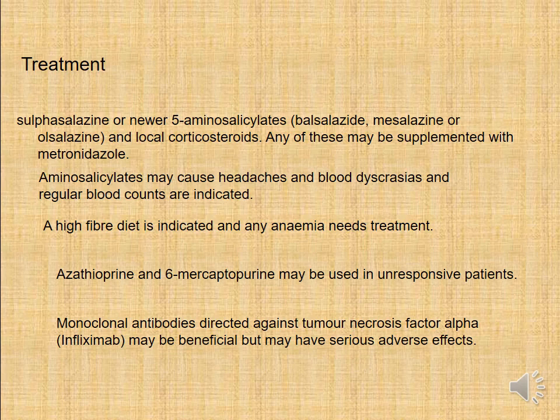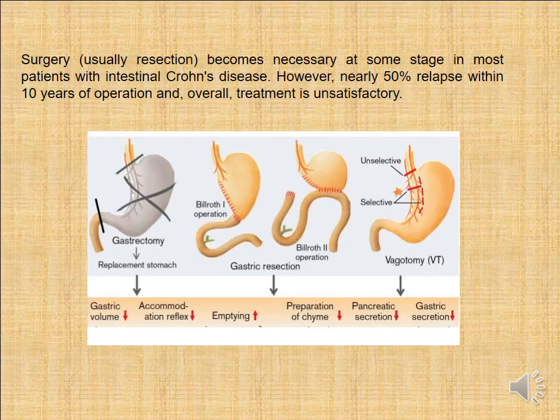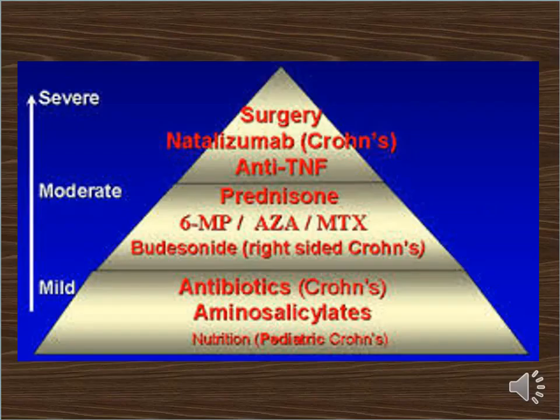Monoclonal antibodies directed against tumor necrosis factor alpha may be beneficial but may have serious adverse effects. Surgery becomes necessary at some stage in most patients with intestinal Crohn's disease. However, nearly 50% relapse within a year of operation. Overall, treatment is unsatisfactory for Crohn's.